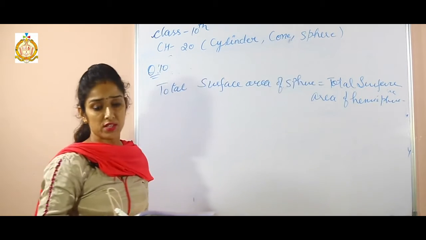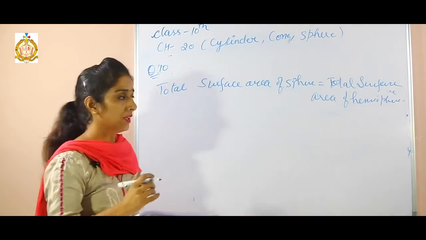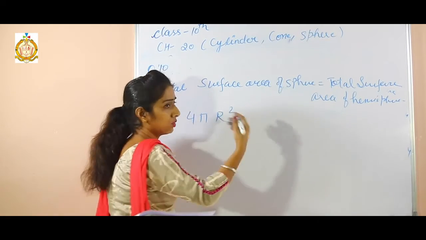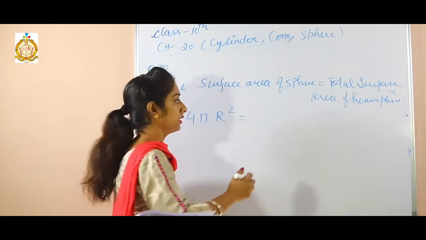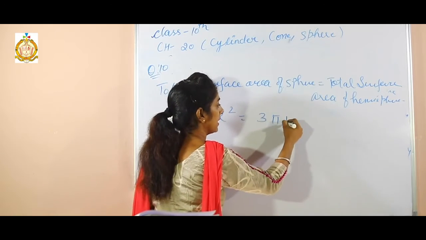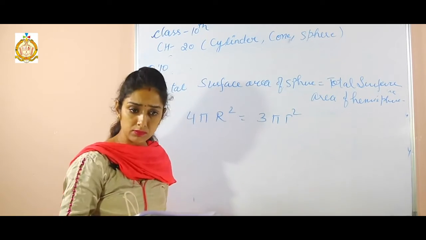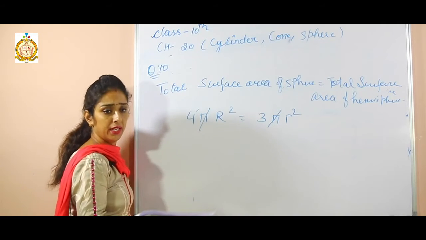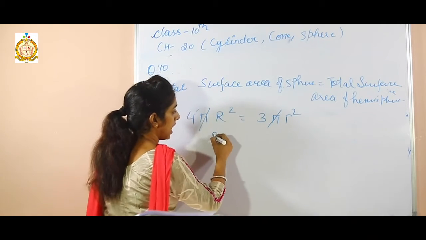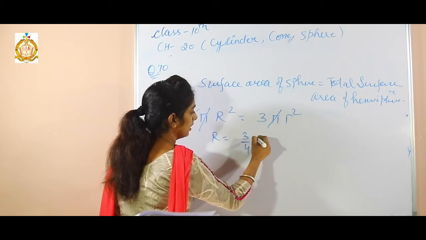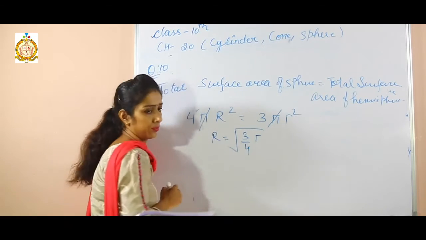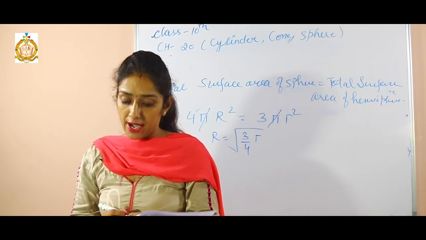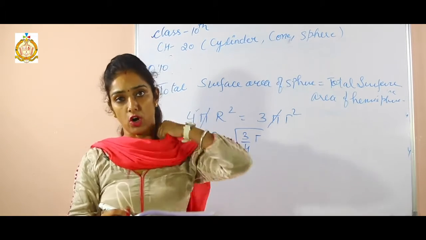Now total surface area of sphere is 4 pi r square, and total surface area of hemisphere is 3 pi R square. Right? Now here cut pi with pi, and what we get, r is equal to the square root of 3 by 4 R square. Now what do we have to find? He said find the ratio between their volumes.